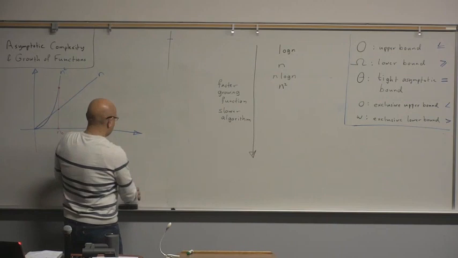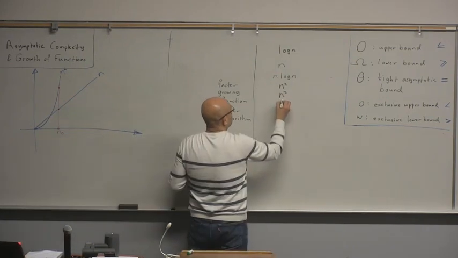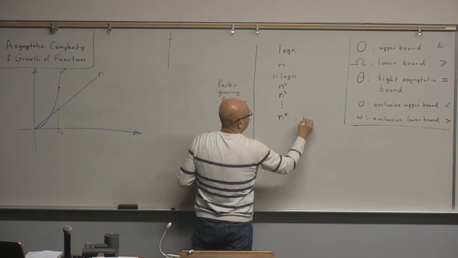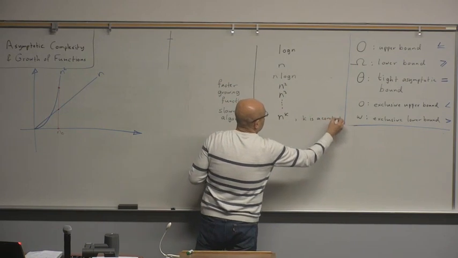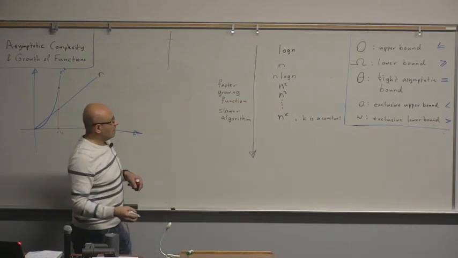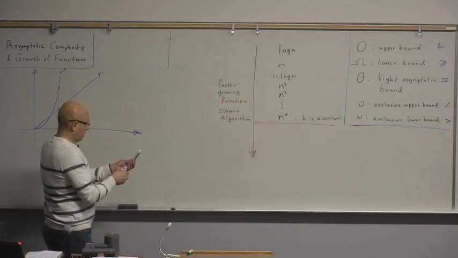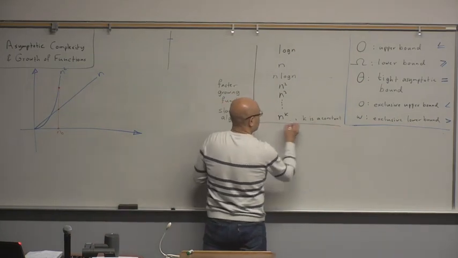Okay, now we have n squared. We have n cubed all the way to n power k, such that k is a constant. Then let's draw this line. So let's draw it in red.